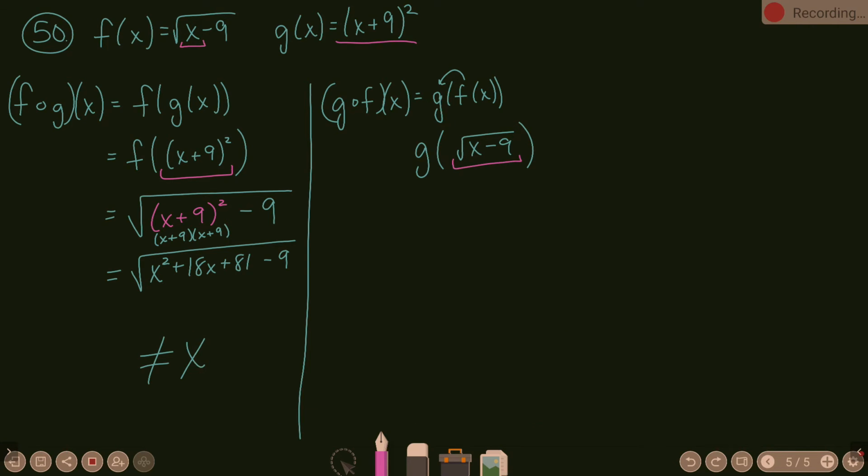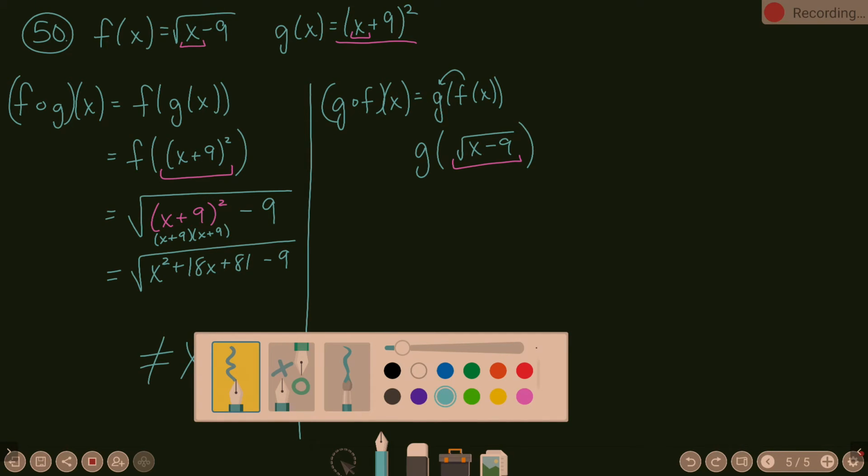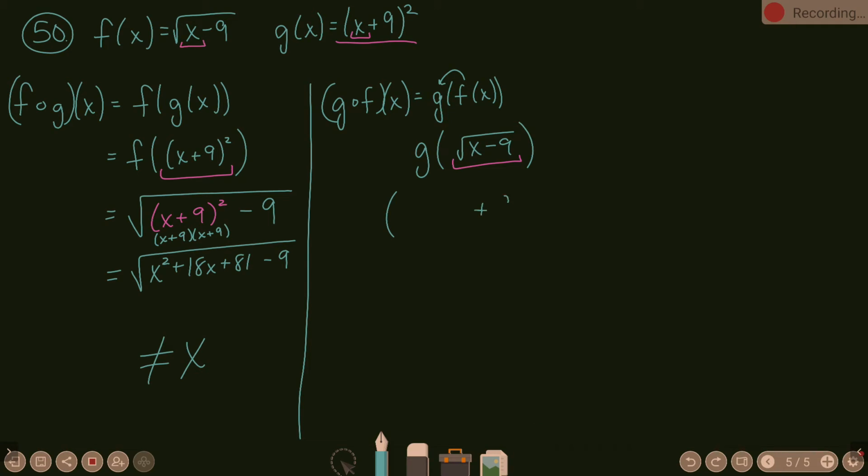So that is going to go into the rule for g. Now, the rule for g is x plus 9 squared. So every place I see x, that's where we're going to do that. So we're looking at something plus 9 quantity squared, except we're putting in the square root of x minus 9.